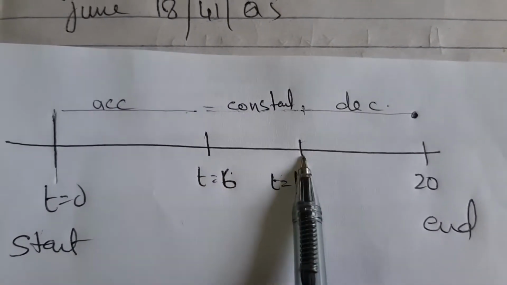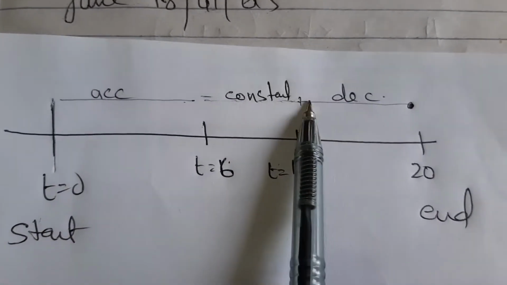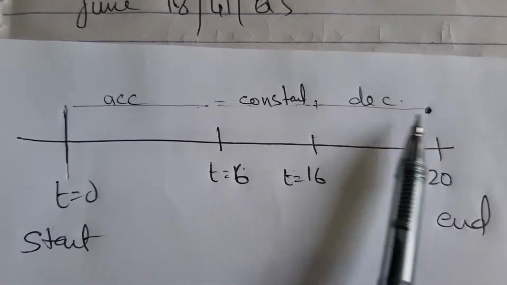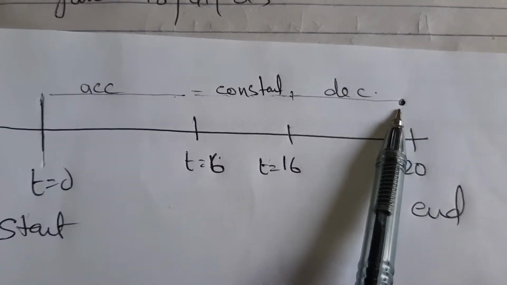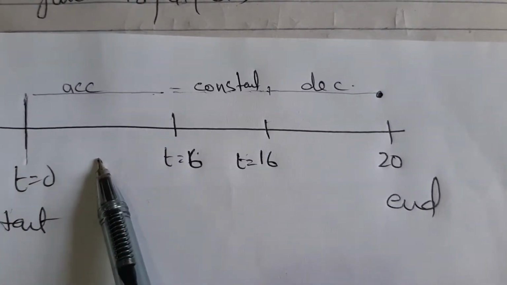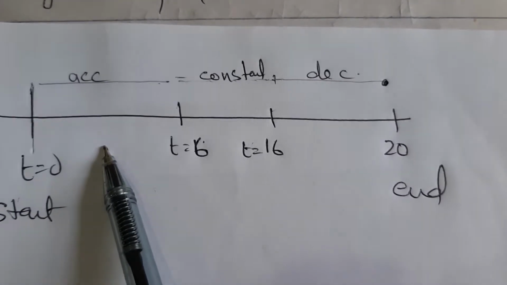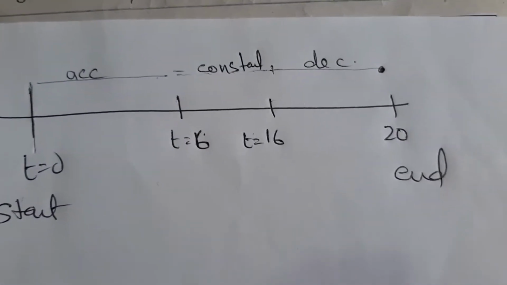That's why it is 16. Total 16 seconds have passed. And then he will decelerate till 20 seconds and ends the race with a certain velocity. Now please remember, whenever you draw this type of trajectory, it's always easy to understand the question. It gives better visualization for yourself. It's not a requirement.